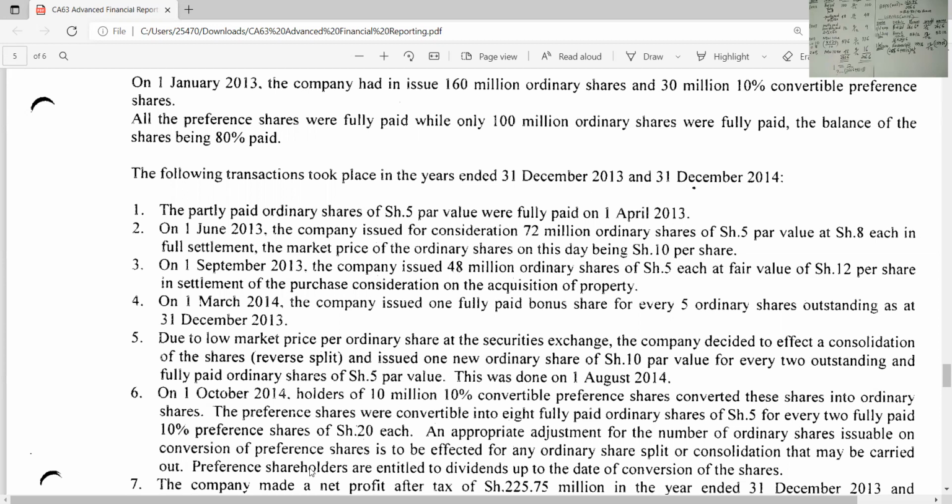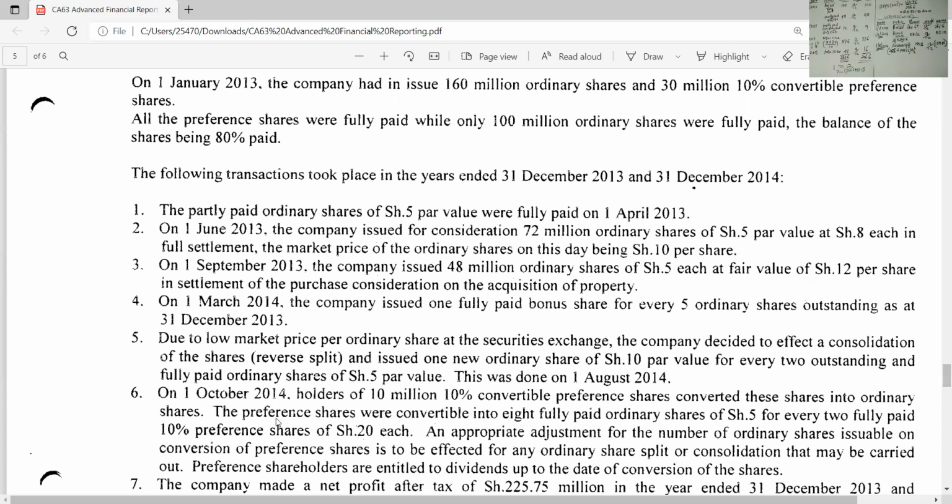So remember that the preference shares, the total value was 30 million. Out of the 30, in 2014, 10 million was converted to ordinary shares. That is what they said in note 6. On 1st October 2014, holders of 10 million, 10% convertible preference shares converted these shares into ordinary. Obviously you have to be provided with the proportion on which they converted.